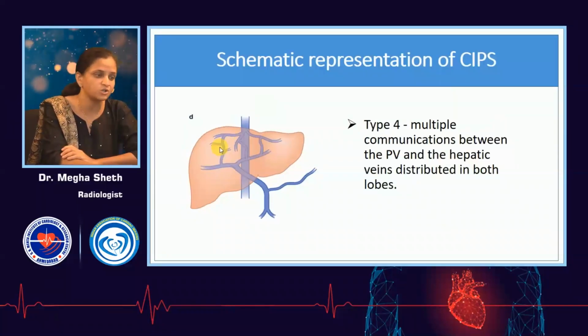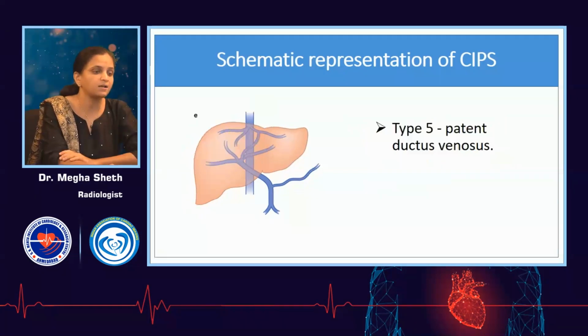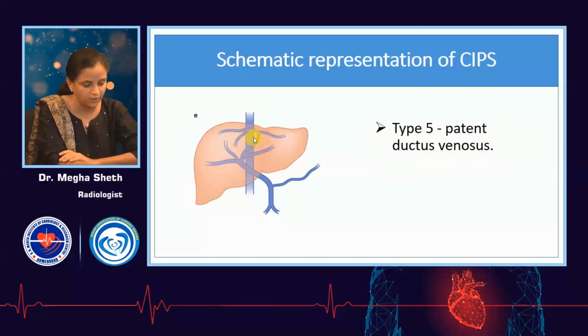When there are multiple communications between the portal vein and the hepatic veins distributed in both lobes of the liver, it becomes type 4. Type 5 is the patent ductus venosus, that is, communication between the left branch of the portal vein and the hepatic vein.